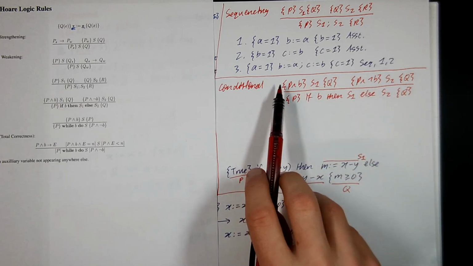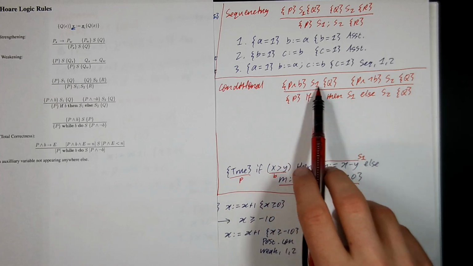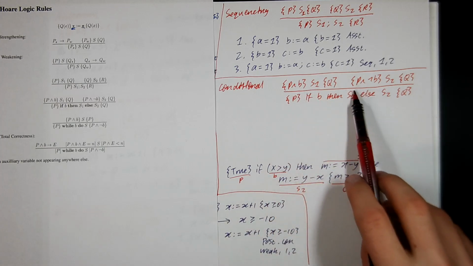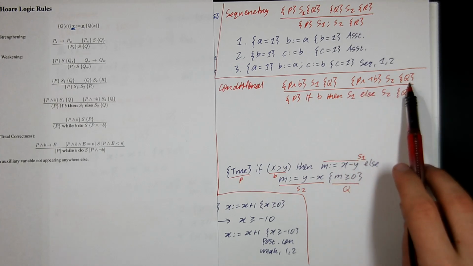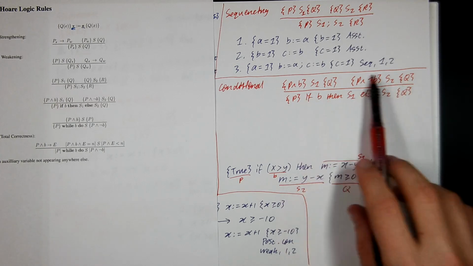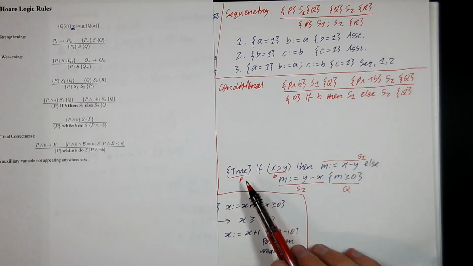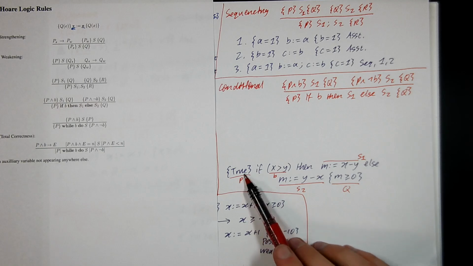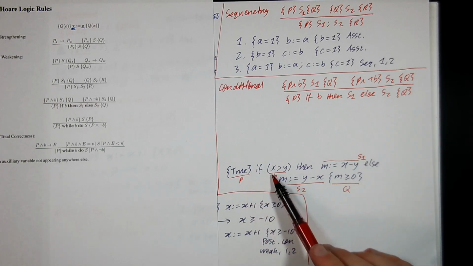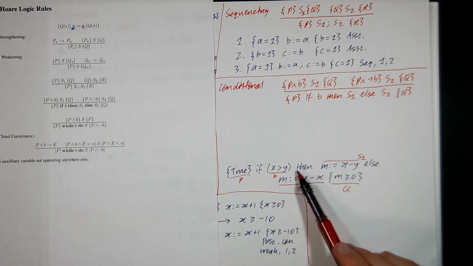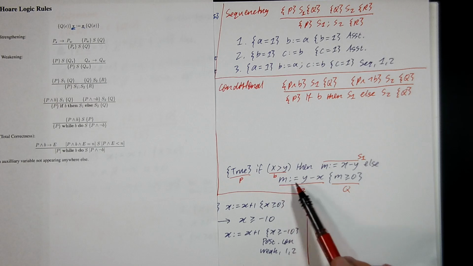So to prove this statement here, we have to obtain these two smaller statements. We have to obtain: if P and B were true, then take the first path, and then Q holds. Otherwise, if P and not B were true, you'll take the second path, and then Q still needs to hold. So again, this rule is a lot easier seen backwards. So suppose I wanted to prove this statement here. I wanted to prove for a precondition of true, that's the weakest possible precondition, telling us nothing, if x is strictly greater than y, then assign m to be x take y, else assign m to be y take x.